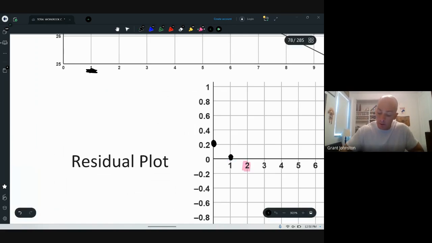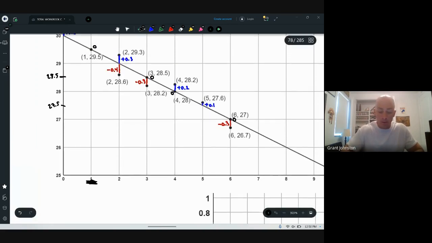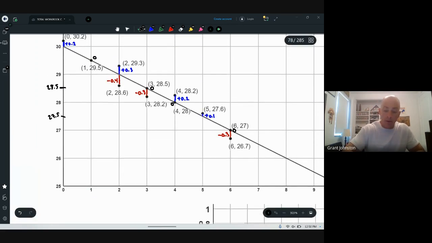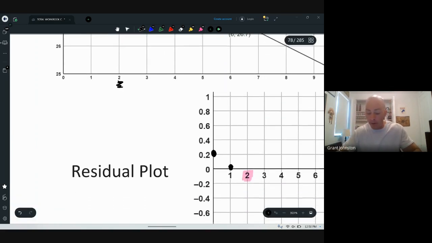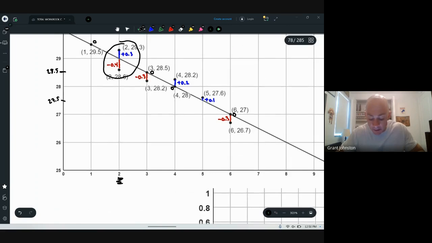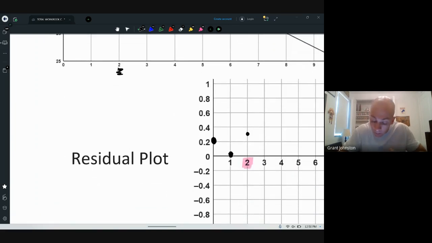Now let's go look at 2. At 2, we had a couple of residuals: a positive 0.3 and a negative 0.4. Positive 0.3 would be about here, and a negative 0.4 would be down here. Those are the residuals at 2.